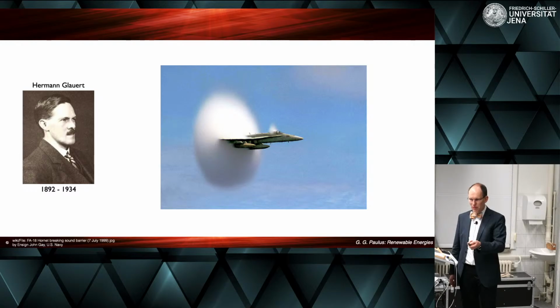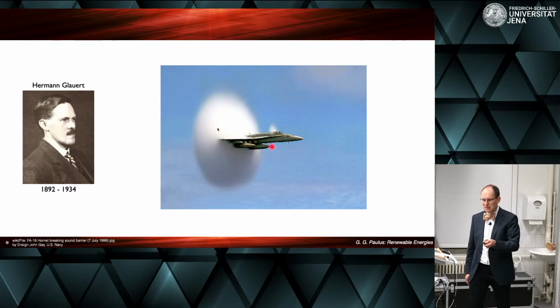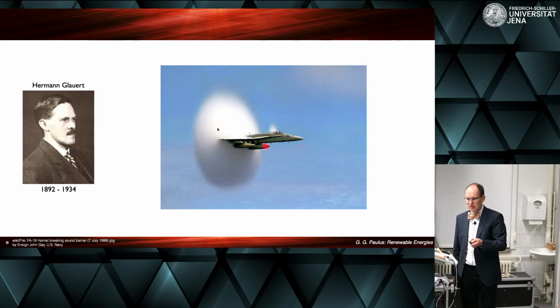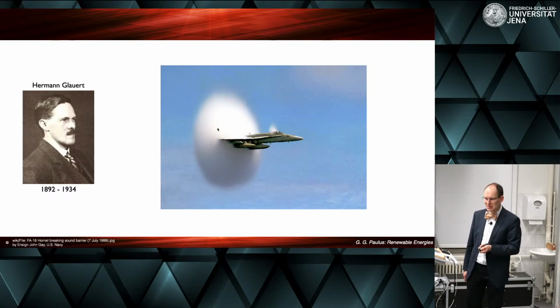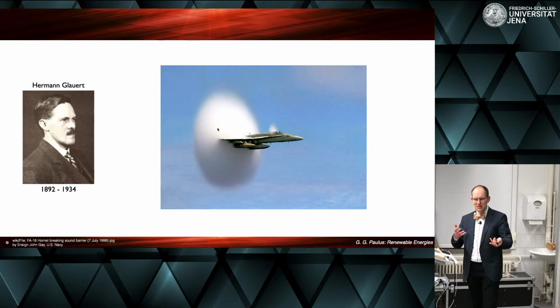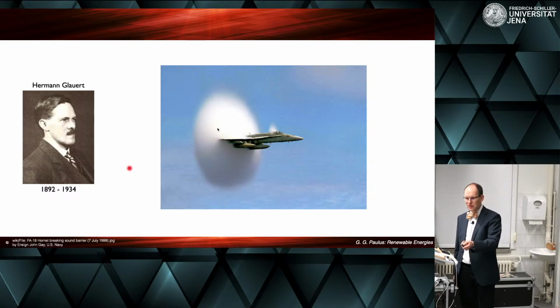And actually, people for quite some time believed that this phenomenon of supersonic airplanes, like this F-18 fighter at supersonic speeds, with this spectacular appearance where pressure is low, and if conditions are right, the moisture condenses here, was the Brundle-Glauert singularity.